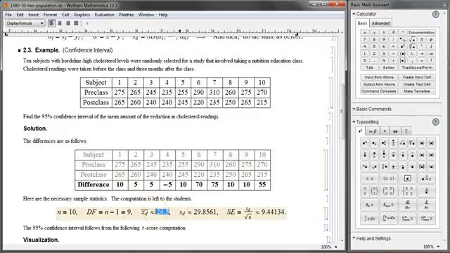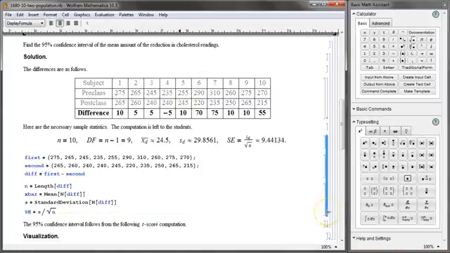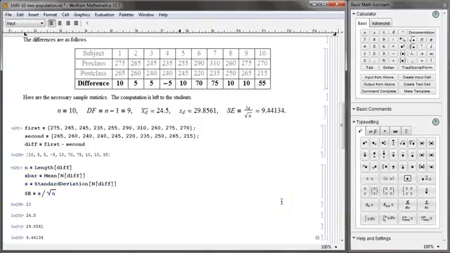If you simply add them up and divide by 10, you're going to get that. And the sample standard deviation is a little bit trickier. You'll have to calculate the deviation squared plus deviation squared and so on and so forth, and divide everything by n minus 1, and then take the square root. A little bit complicated, but here we go. Mathematical computation is kind of like this.